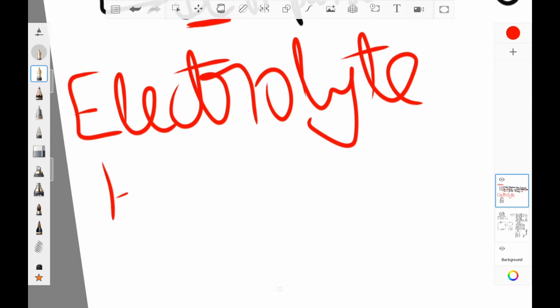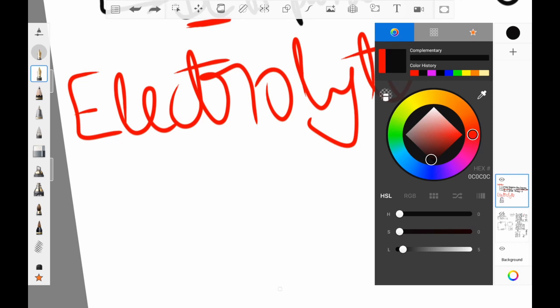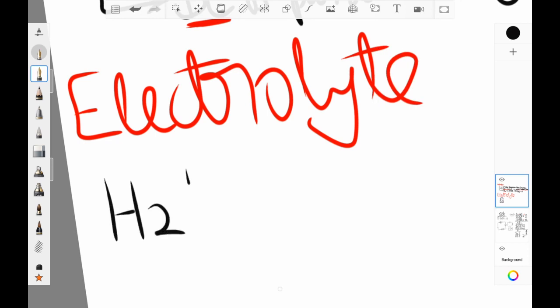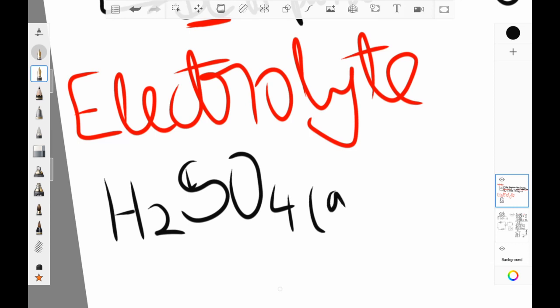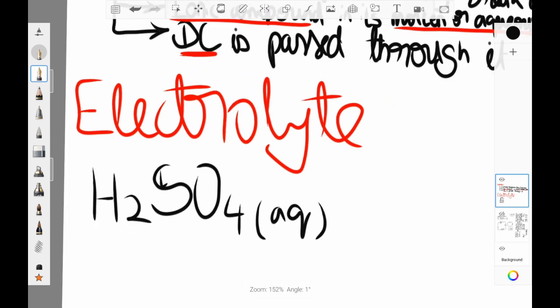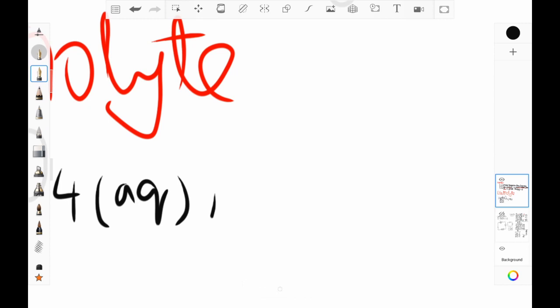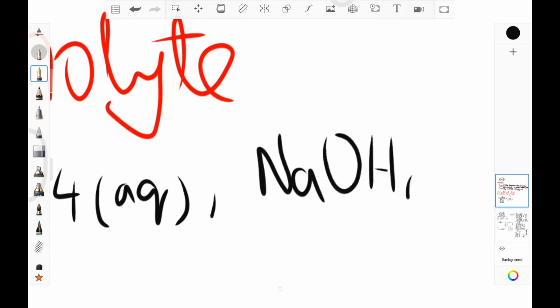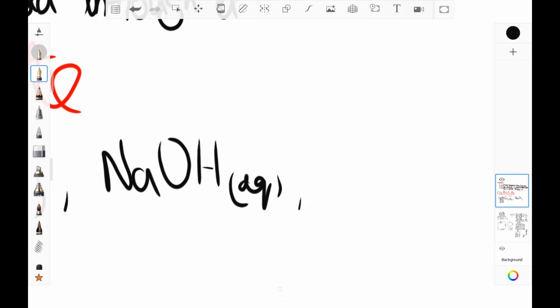So if I have a solution, a few examples would be H2SO4. If I have it as an aqueous solution, this is an electrolyte. NaOH, sodium hydroxide, in its aqueous form, this is an electrolyte.